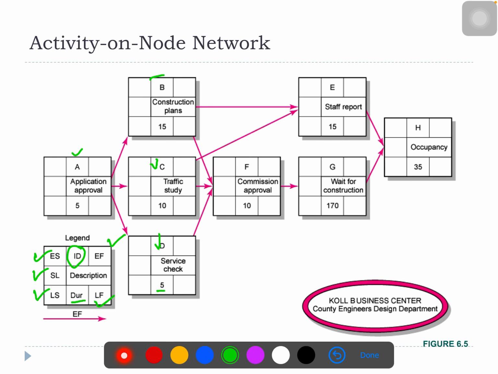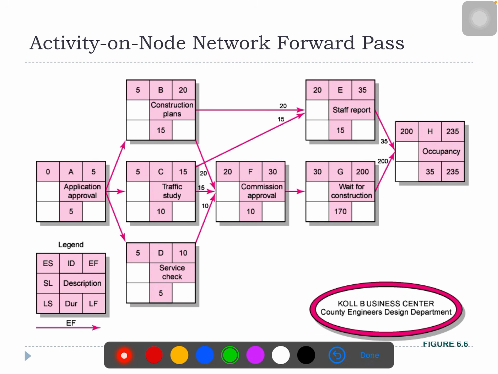We should discuss this in the next slides. In this next slide, you can see that the ES, ID, EF, SL, LS, and LF are partially filled up.